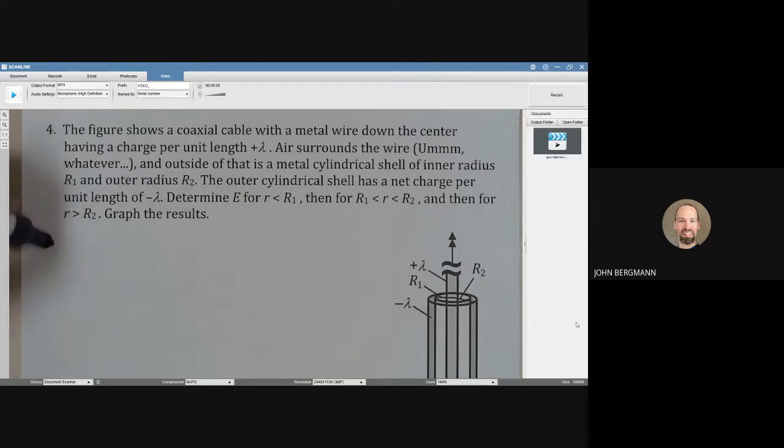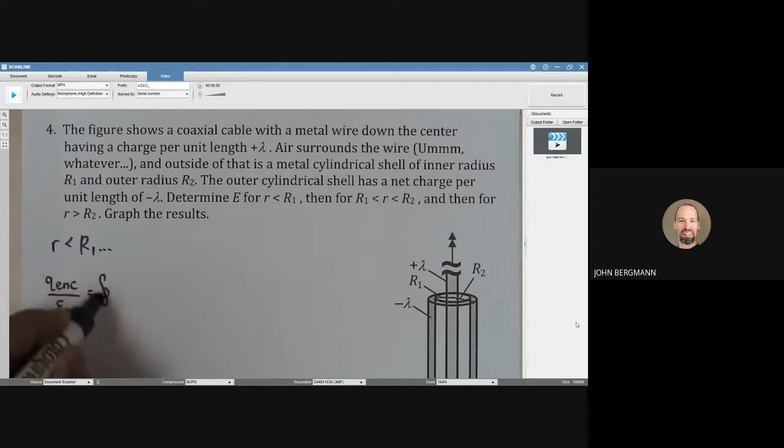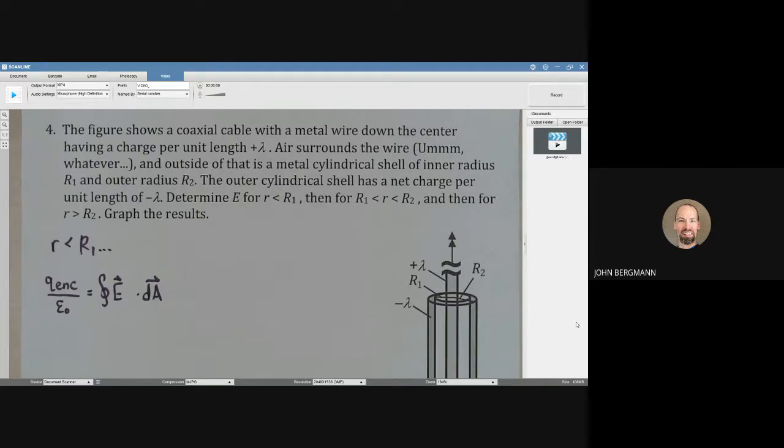For R less than R1, Gauss's law, same thing as always: the charge that's enclosed over epsilon naught equals the surface integral of E dot dA. I leave a little space between the E and the dA because it helps showing my work later. Now, what is the charge that is enclosed?